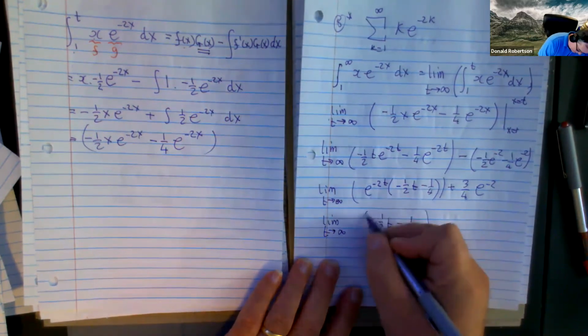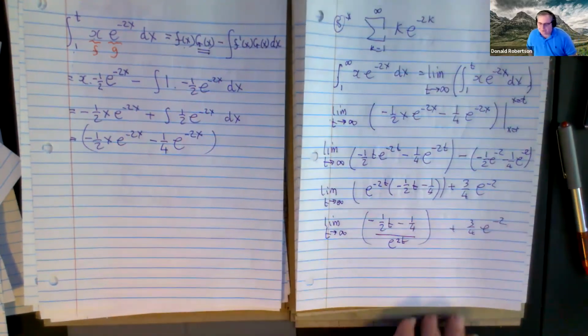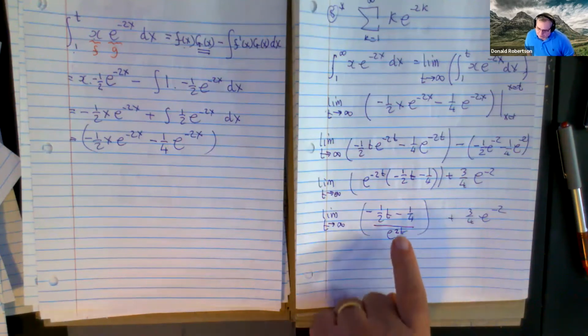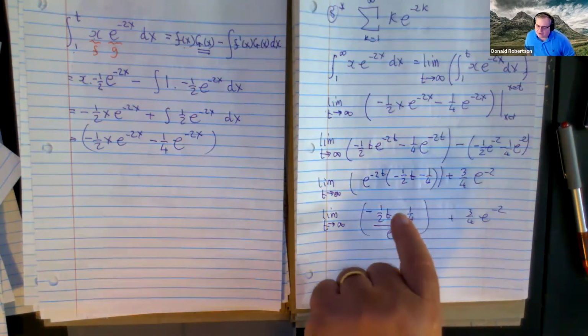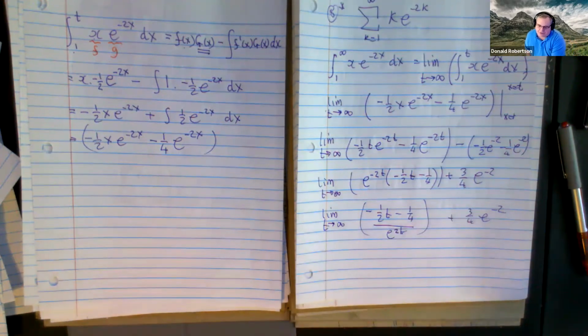It looks like this, plus a number. Now, if I try to use brute force, all I get is negative infinity on the top and infinity on the bottom, in which case it's indeterminate form, and I do not get any meaningful answer, right? I cannot just plug in infinity.